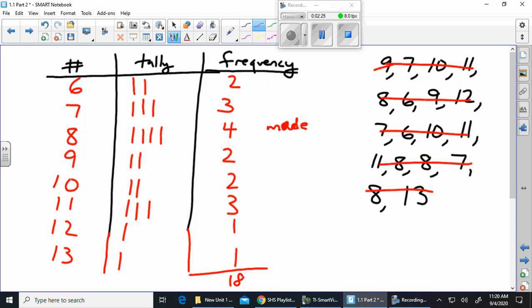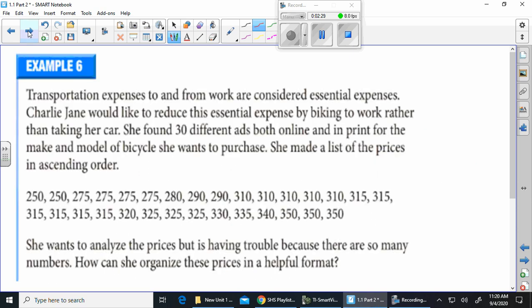Okay, so you have seen that in the past. So how does it relate to this? Transportation expenses to and from work are considered essential expenses. So Charlie Jane wants to reduce this expense by biking to work rather than taking her car.